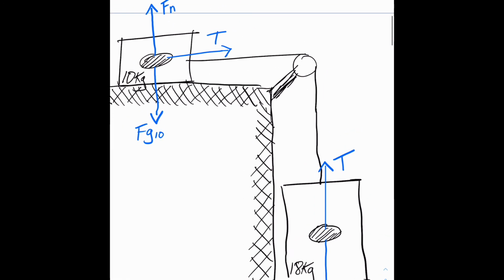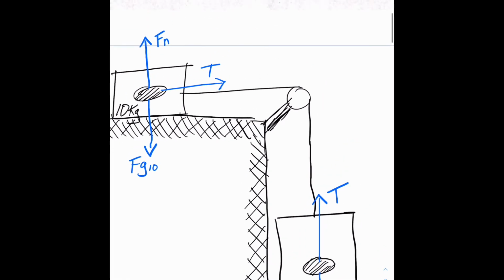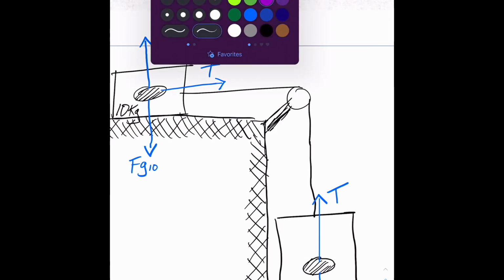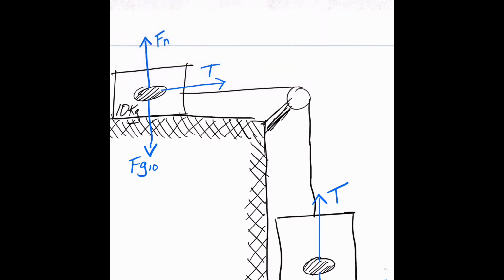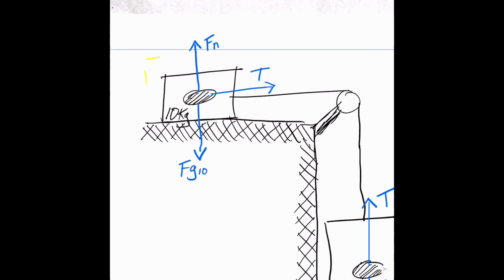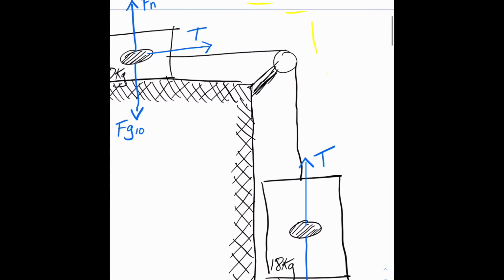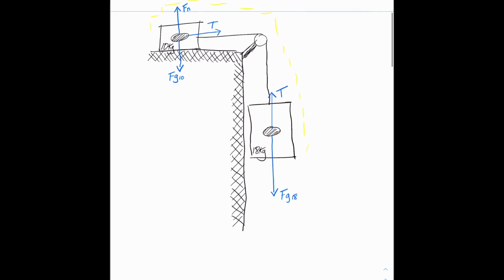Okay, so what we're gonna do here to solve this is we are going to call once again the system both blocks. I'm trying to draw this yellow dotted line. Let me make this a little bit smaller.